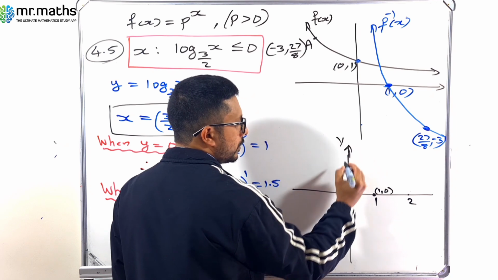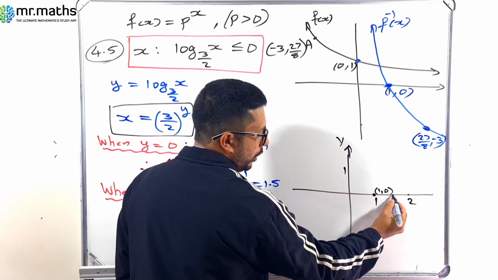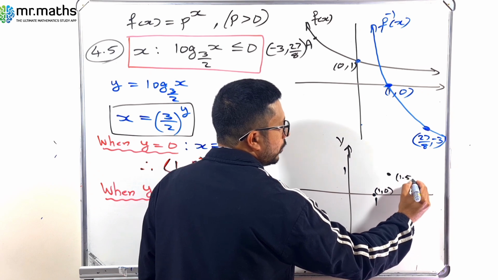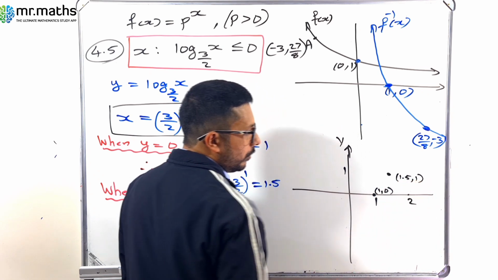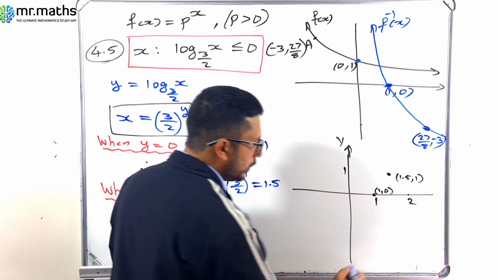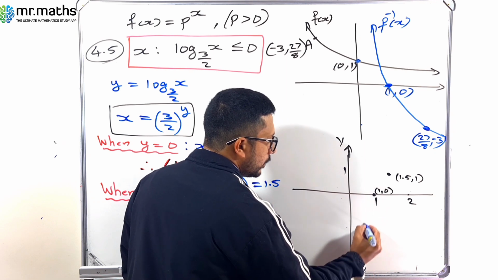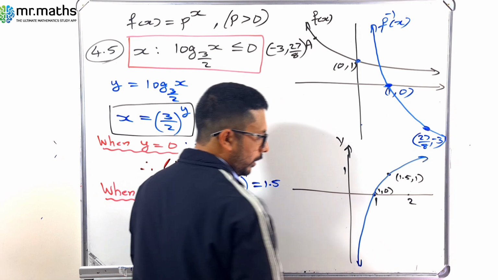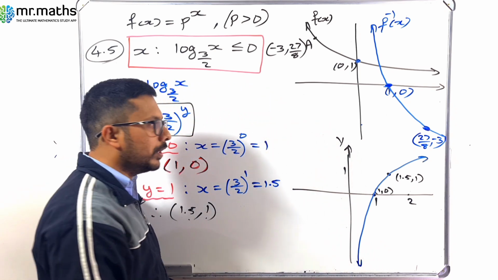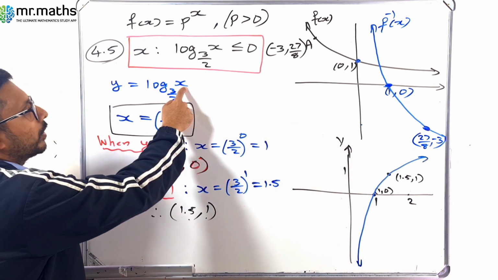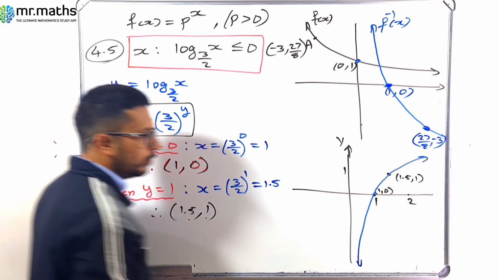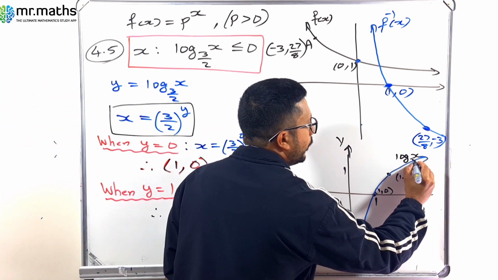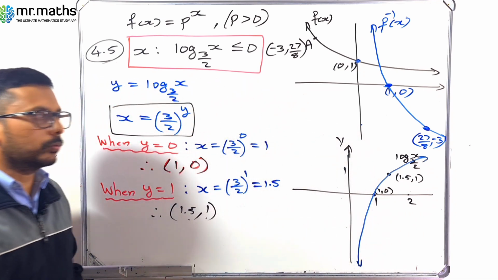This is the y-axis. So 1.5, 1 is this point. Now we can draw a graph connecting those 2 points like this. Can you see that? That graph is called log x to the base 3 over 2.